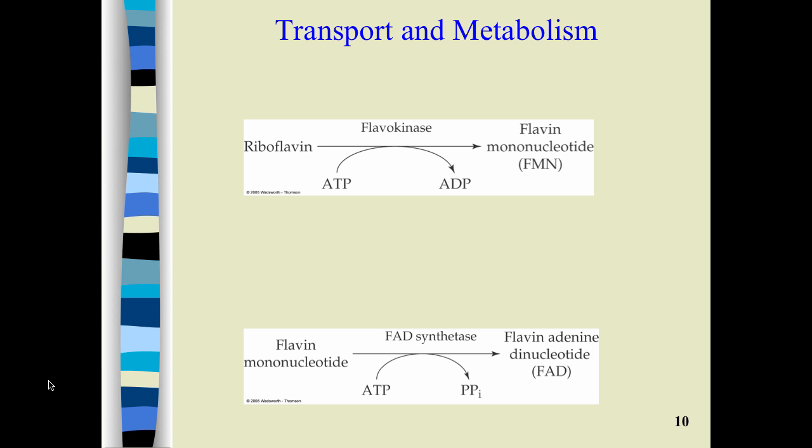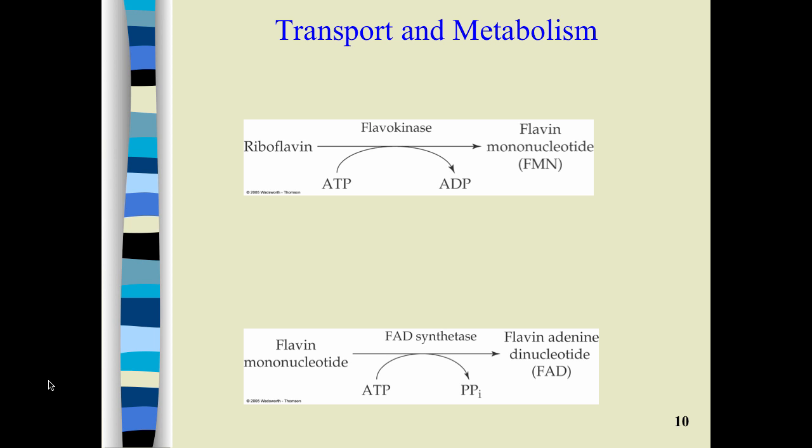It's used to contribute electrons to the ETC. Remember beta oxidation of fatty acids. What else? Krebs cycle. So very important for energy. FMN, same thing. It's used in the ETC. We'll look at that in a second. So my point is, it's really important in energy metabolism, so most cells can go from riboflavin to these coenzymes.